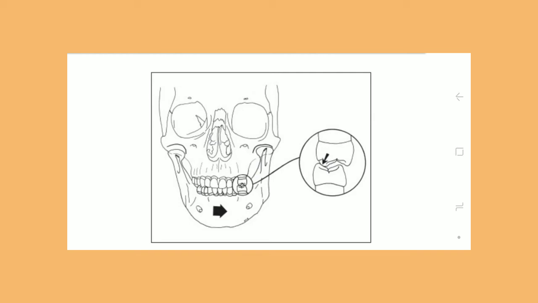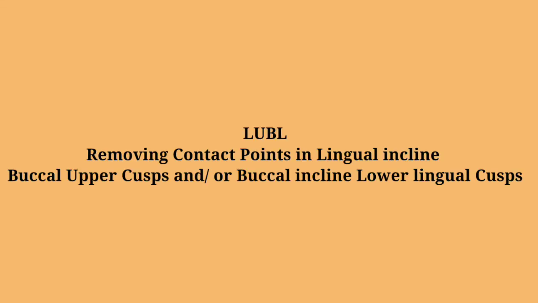We can summarize it by four letters, LUBL. That means grinding the lingual incline of the buccal cusp of the upper teeth and the buccal incline of the lingual cusp of the lower teeth.